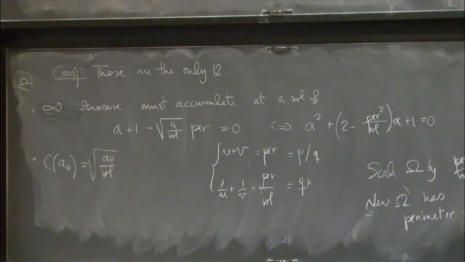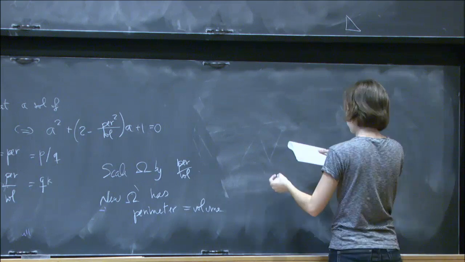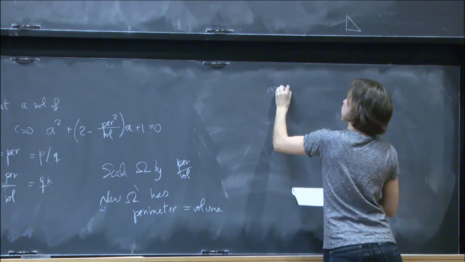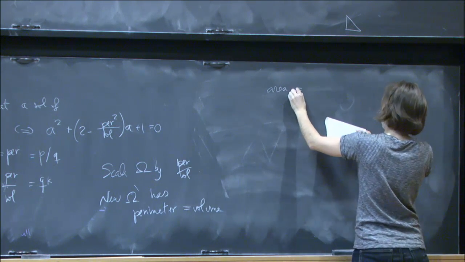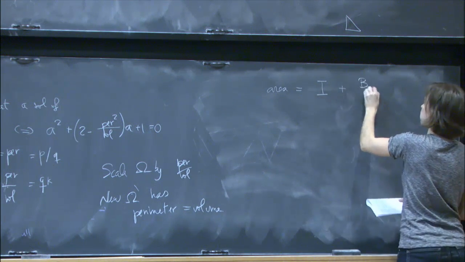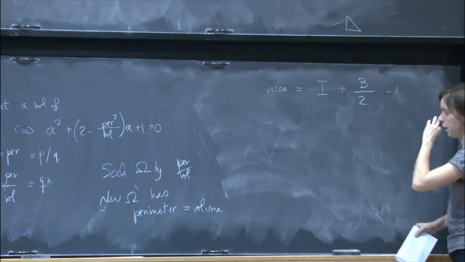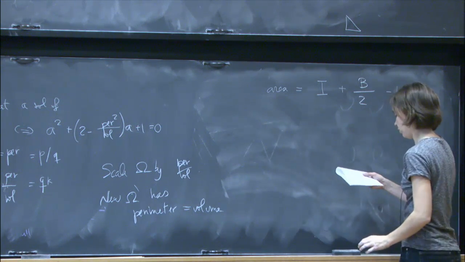And now we use Pick's Theorem, of all things. That's another very pleasant thing, that you can use Pick's Theorem. Pick's Theorem, remember, says that the area of a lattice polygon is equal to the number of interior points plus boundary points over 2 minus 1. Well, area, remember, was 2 times the volume.